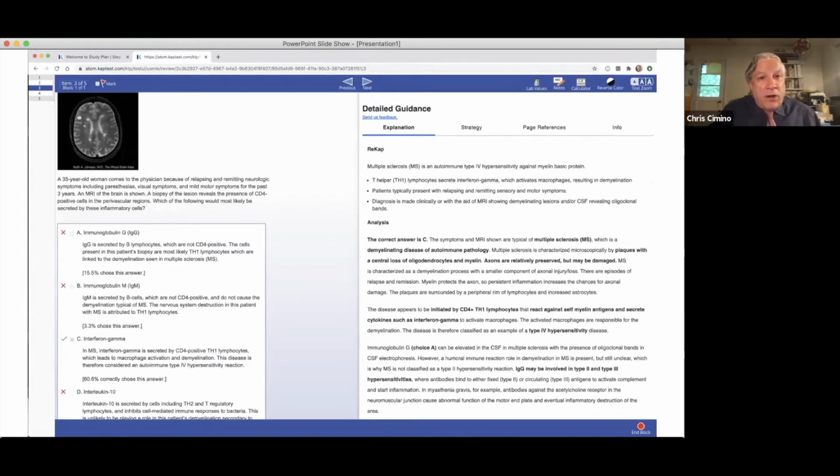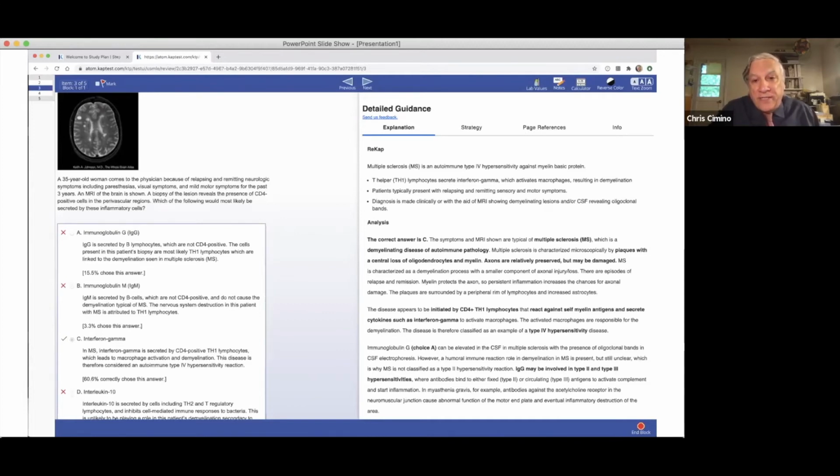This is our patient who has multiple sclerosis, and we want to think through the details of the immunologic reaction. The plaques that we're seeing are a loss of oligodendrocytes and myelin. The disease is initiated by CD4 Th1 lymphocytes that are reacting against some myelin antigen, and they secrete cytokines such as interferon gamma.